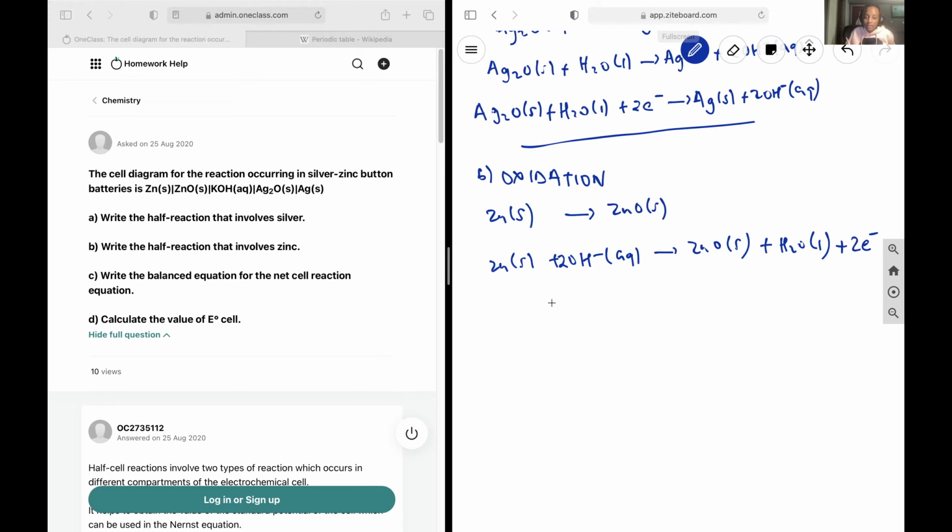And so for the net balanced equation, we don't need to multiply any of them by any common factors because the electrons lost equals the electrons gained, so that is okay. And so you just want to add these two. So let's just write it out here.